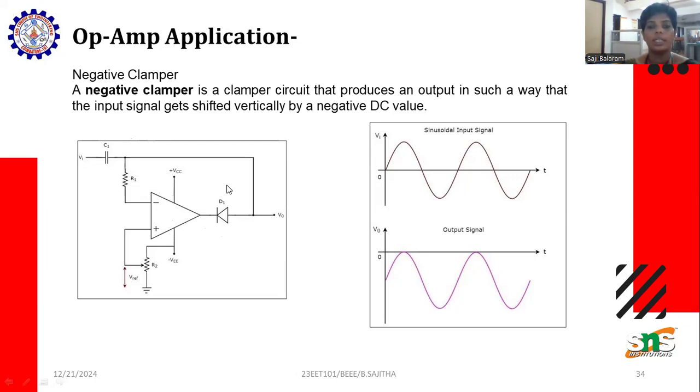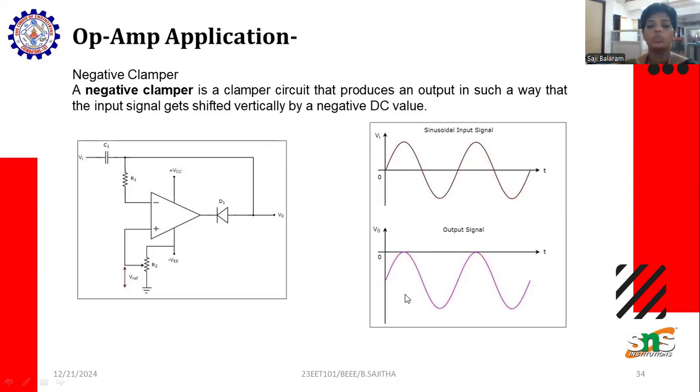Here you can see that the diode direction is interchanged, which produces the output in such a way that a negative portion of the waveform is added to the output value. You can see here that for an input supply, a negative portion of the DC is added. Hence, the waveform from this level is shifted downwards.